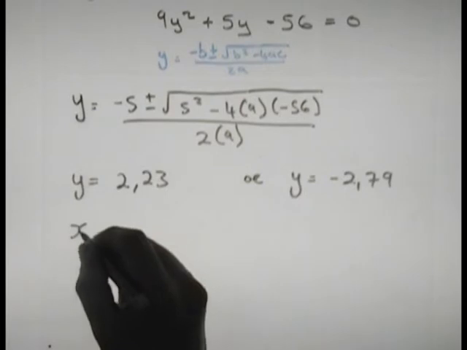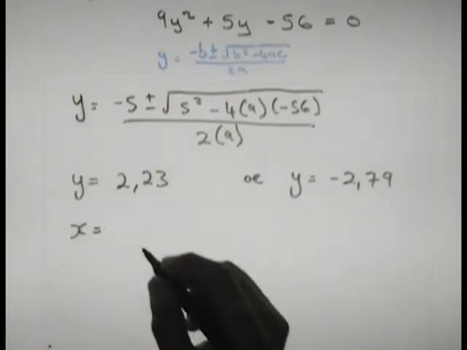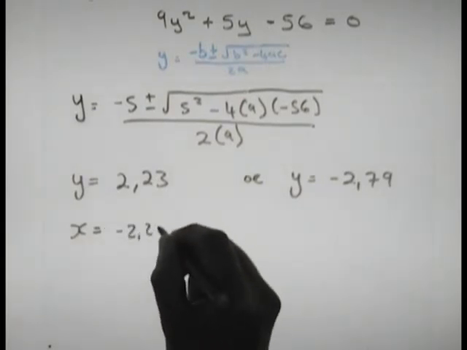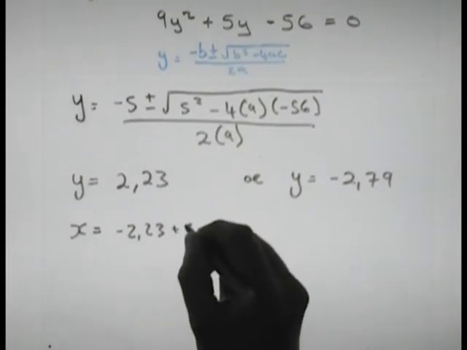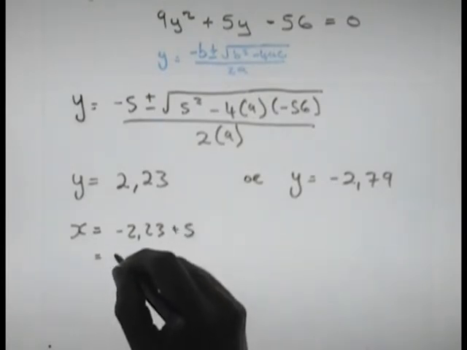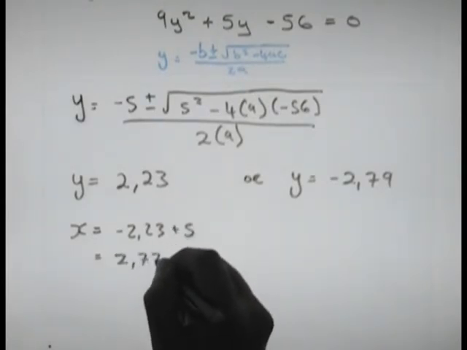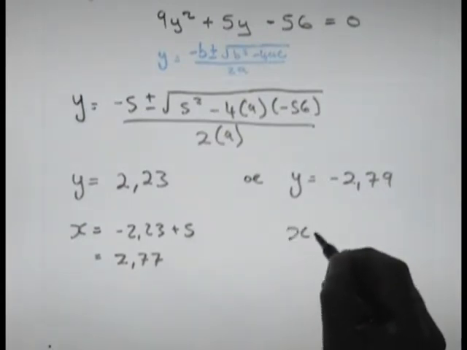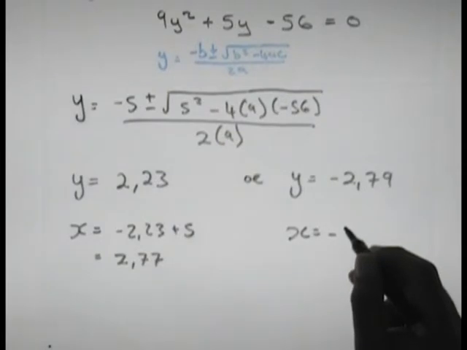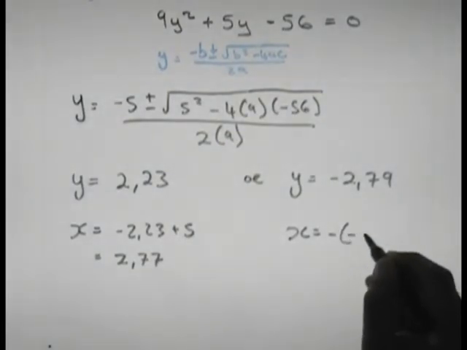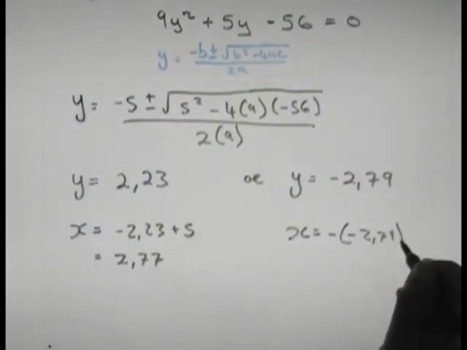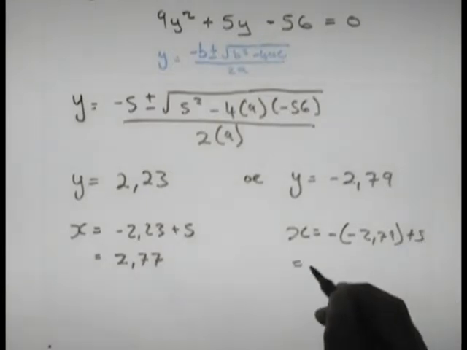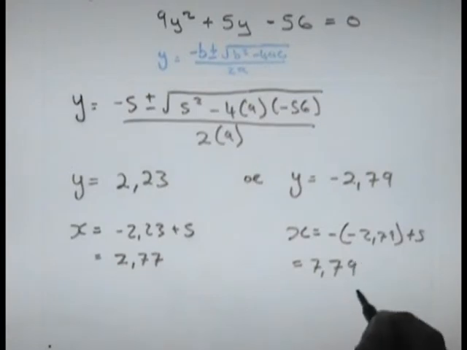In this case, x will equal minus 2.23 minus y plus 5, which is going to equal 2.77 rounded off to 2 decimal places, or x is going to equal negative 2.79 plus 5, which is going to equal 7.79.